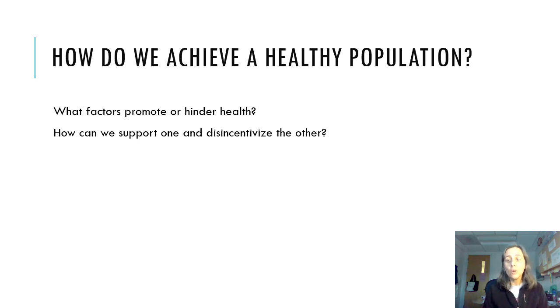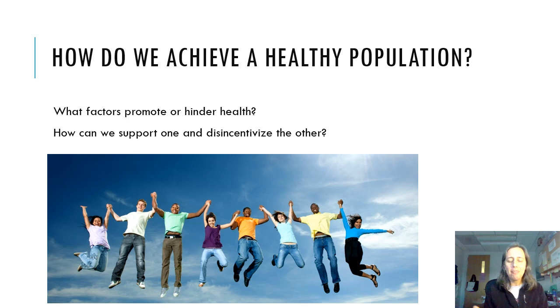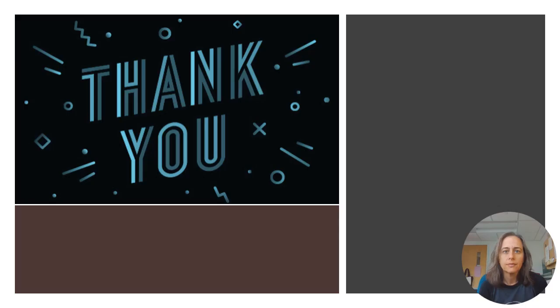So the whole goal of public health is to achieve a healthy population. So hopefully in this course you've learned a bit about the ways that we can understand the influences and how they relate to each other, and then design systems that will support a healthy population.